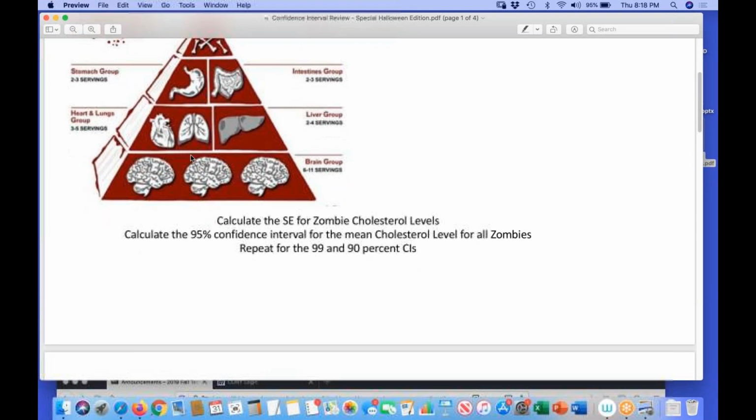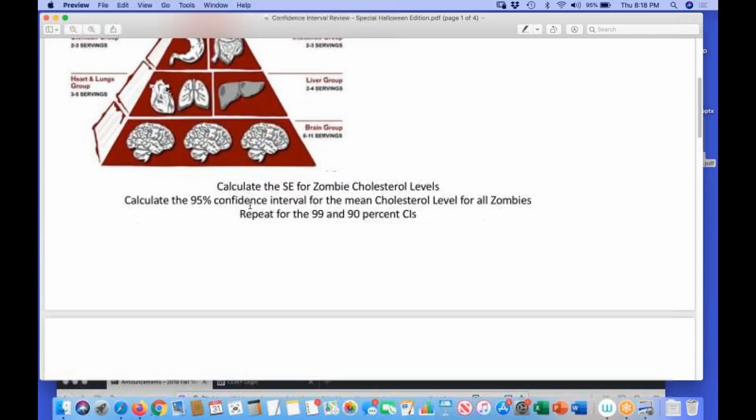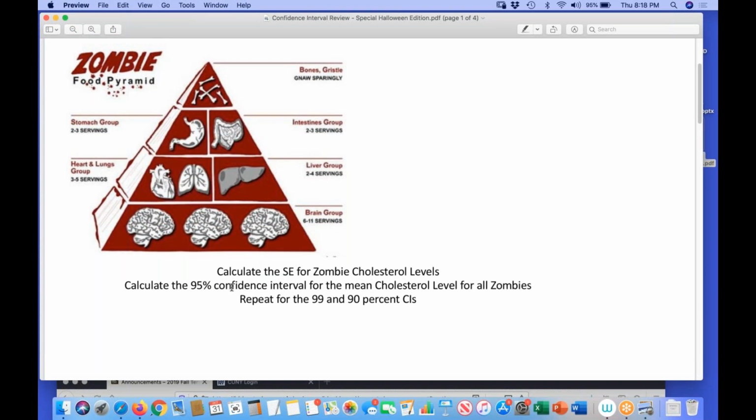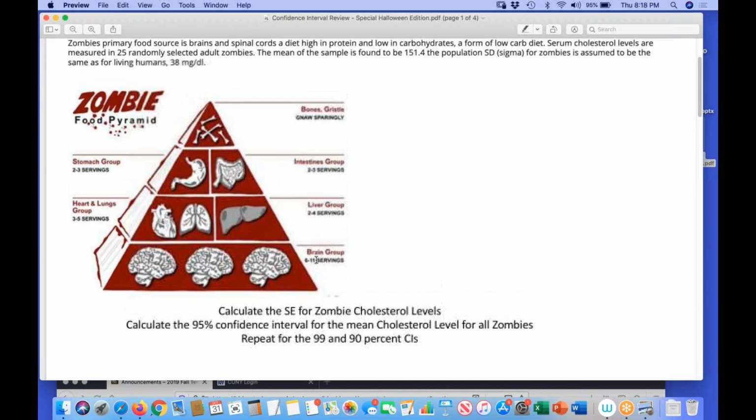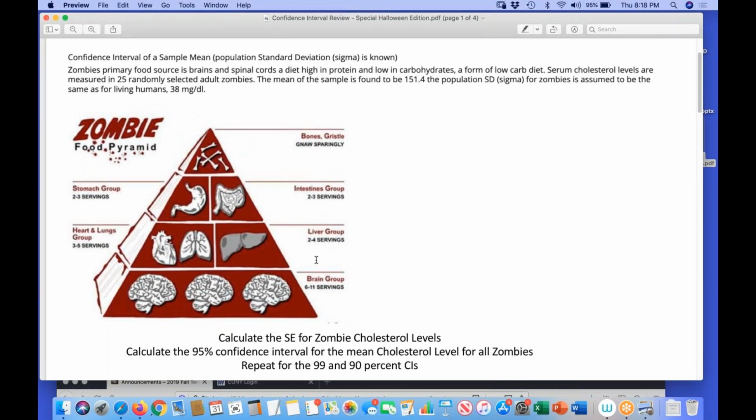Because they eat so much of this kind of stuff, we're a little concerned about their cholesterol levels, right? So let's calculate the 95% confidence interval for the mean cholesterol level for all zombies, for the entire population of zombies.